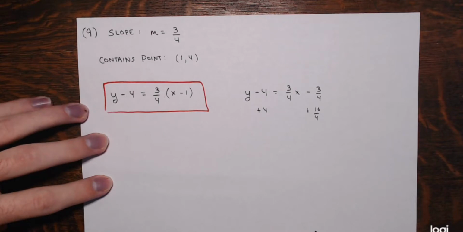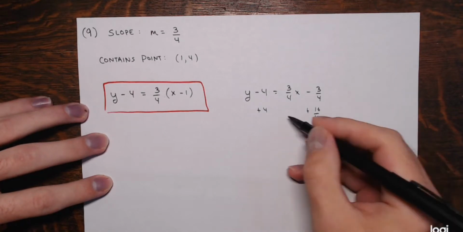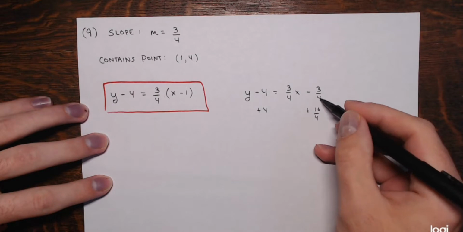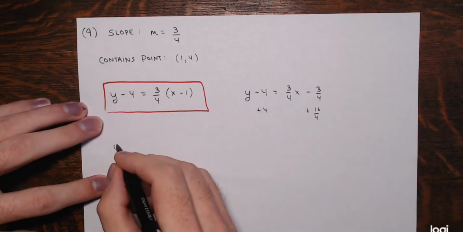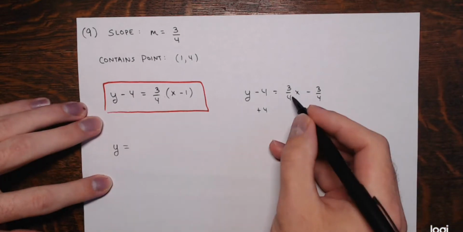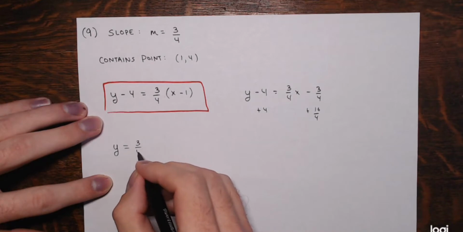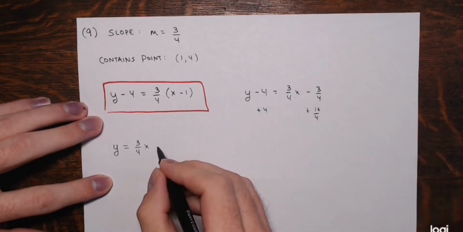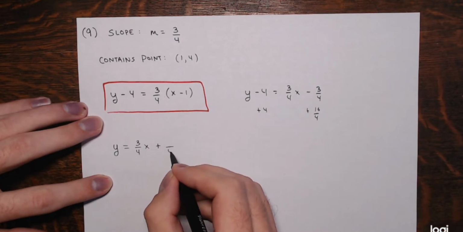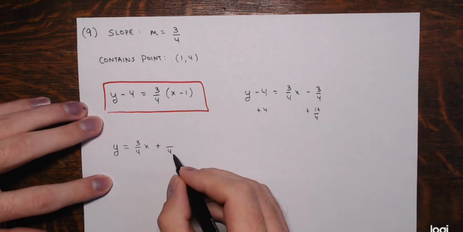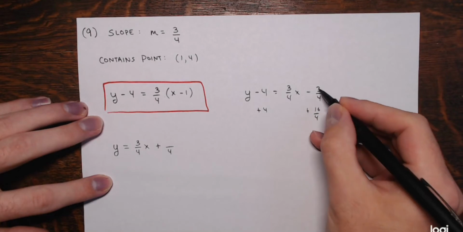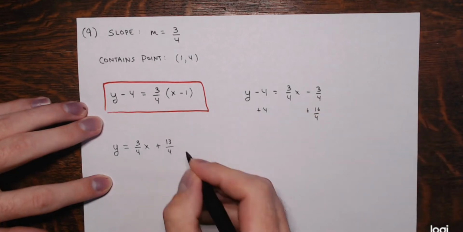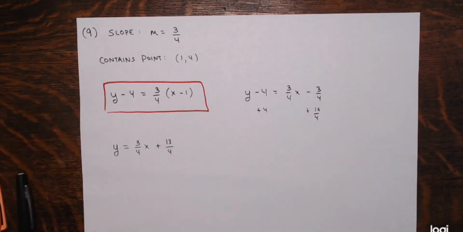So 16/4 is the same as 4. And now these have the same denominator. So we have y equals 3/4 times x, the slope times x. And then negative 3/4 plus 16/4 is positive. Remember, when you add things with the same denominator, that denominator stays. You just combine the numerators. Negative 3 plus 16 is 13. And here's slope-intercept form.